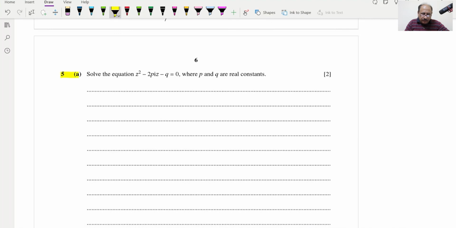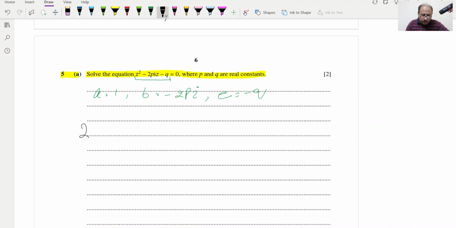Question number 5, a part. Solve this quadratic equation where p and q are real constants. So the values which we can take from this quadratic equation: a value will be 1, b value will be equal to minus 2p iota, and c value will be minus q. So these are the values, and we will apply the quadratic formula.